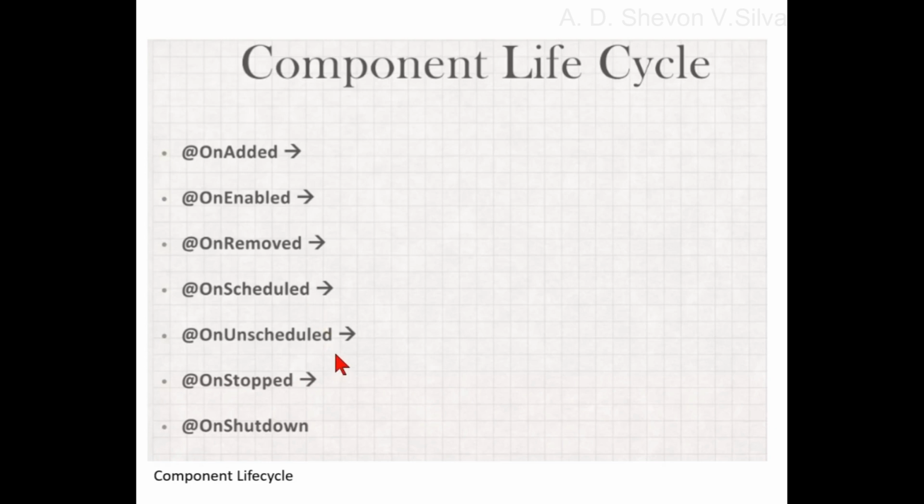@OnUnscheduled. A method with this annotation will be called whenever a processor or reporting task is no longer scheduled to run. At that time, many threads may still be active in the processor's onTrigger method. If such a method throws an exception, a log message will be generated, and the exception will otherwise be ignored, and other methods with this annotation will still be invoked.